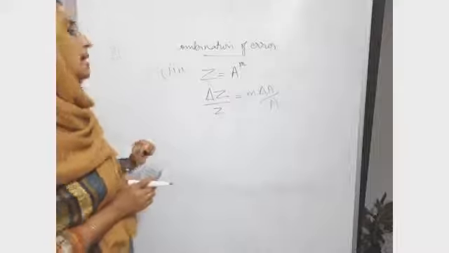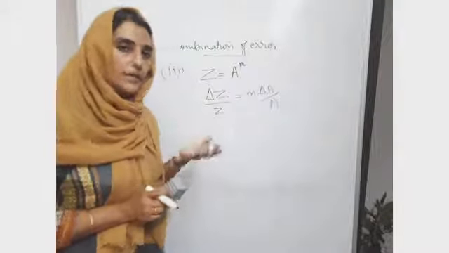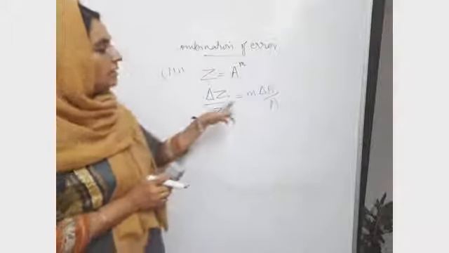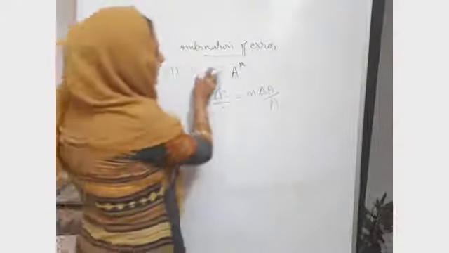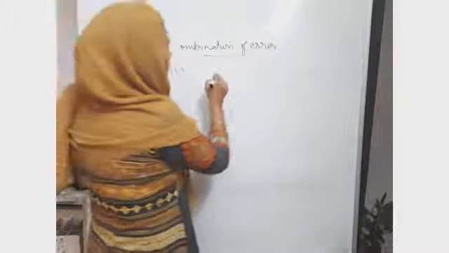relative error in A. That means if any quantity appears as a cube or a square in a particular physical quantity, the error in that will be the power times the relative error of that quantity. As an example, you can consider volume.